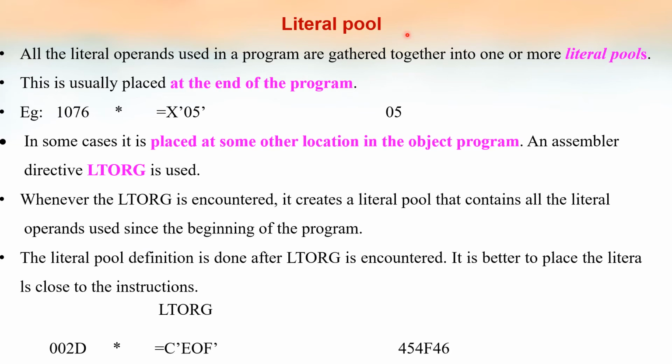Normally, definitions of variables or constants are done at the end of the program in assembly language. Similarly, literals are also defined at the end. Instead of that, if we want to define those literals somewhere between or close to the instructions, we can use the assembler directive LTORG and give the definition of the literals.